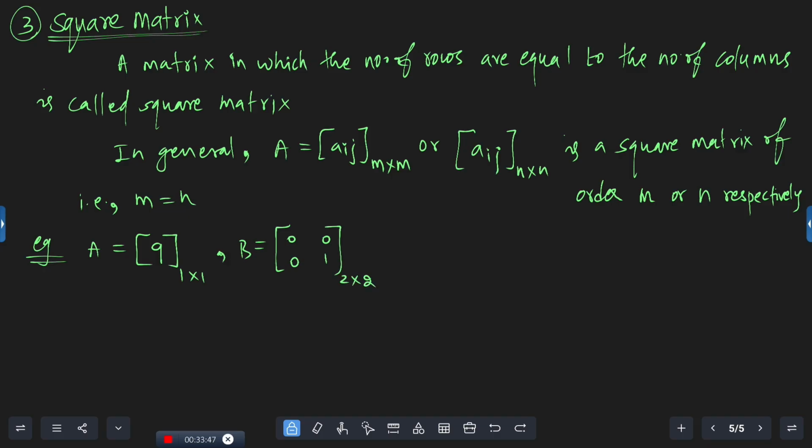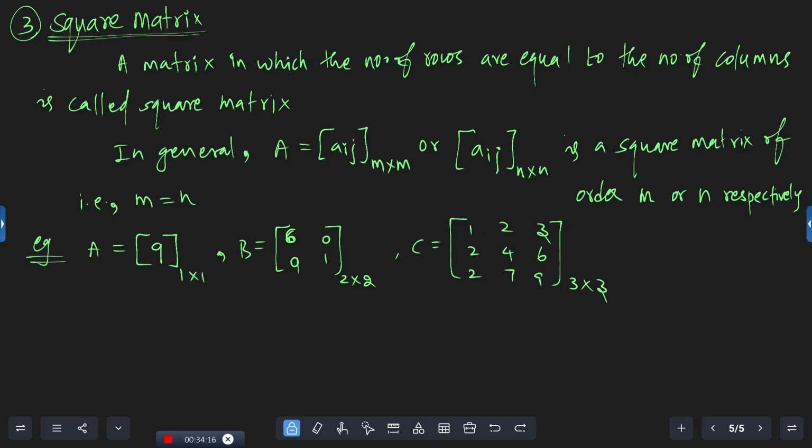Instead of 0, if you want to write 6 or 9, not an issue, but it will be 2 by 2. Square matrix: row and column must be the same. Suppose you write it like this, we can say it is a 3 by 3 matrix. So the number of rows and number of columns are equal, and we can say it is a square matrix. Very simple. Have you understood?